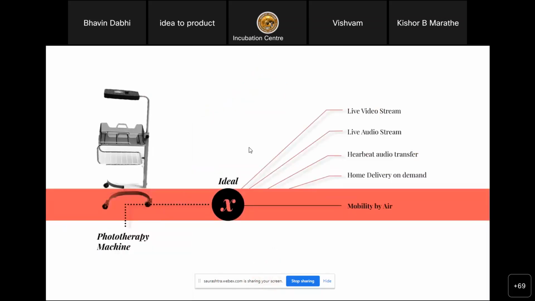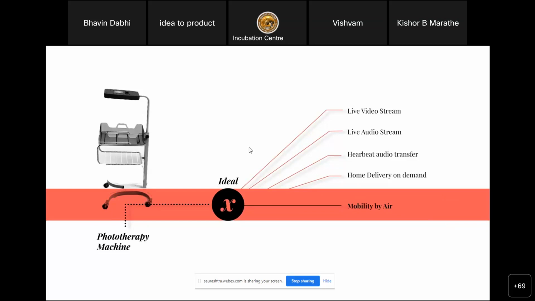So how can it actually be done? The phototherapy machine right now is just a machine, a dead thing, which is not needed in that way. This is 2022. We need a product of, say, maybe 100 years after today. So we need to travel from idea to product very fast, of the next 100 years, and try to make it today.